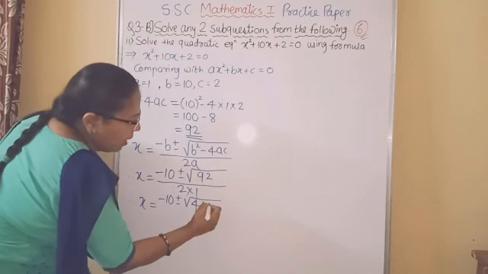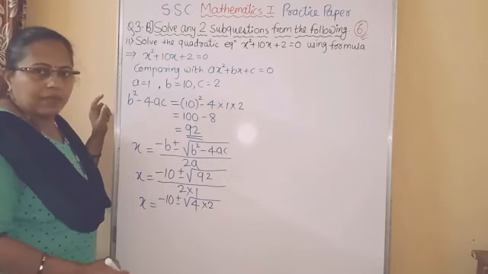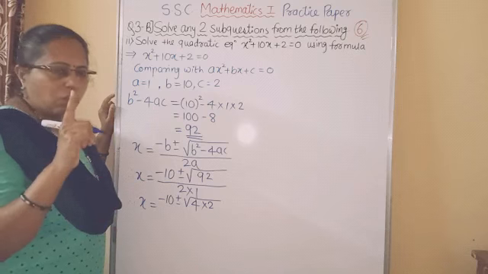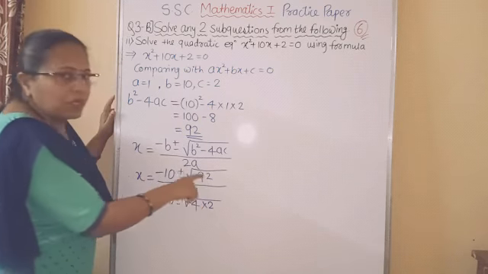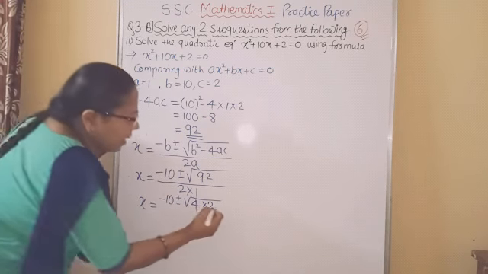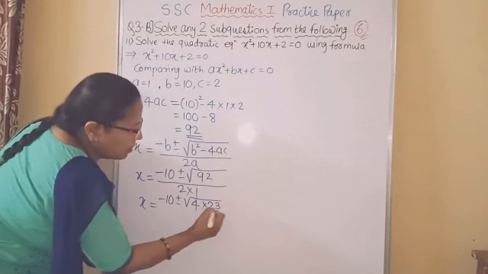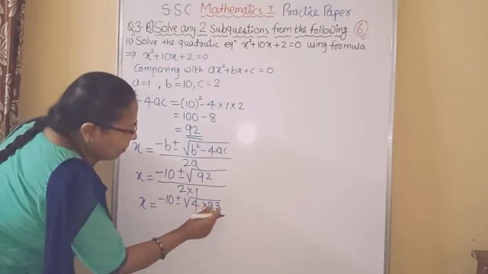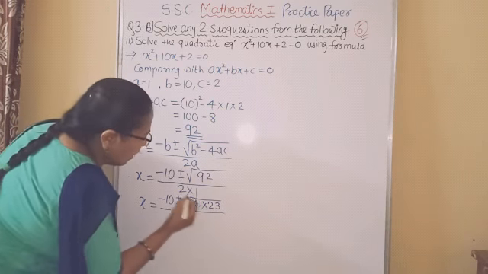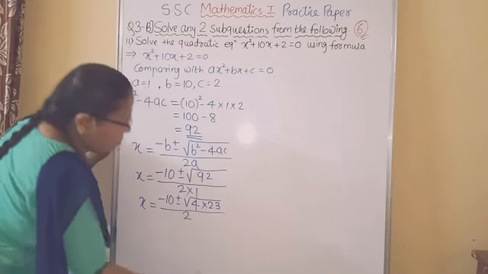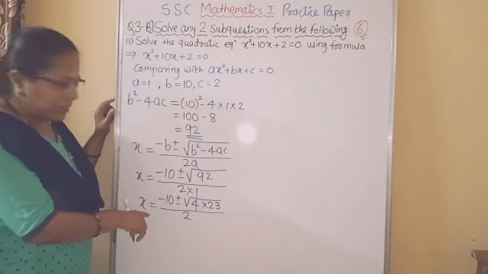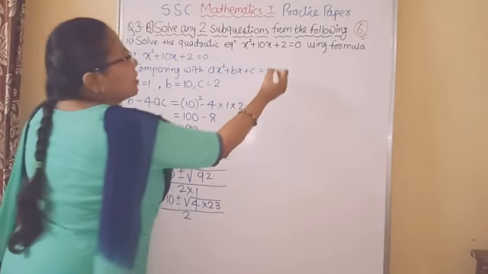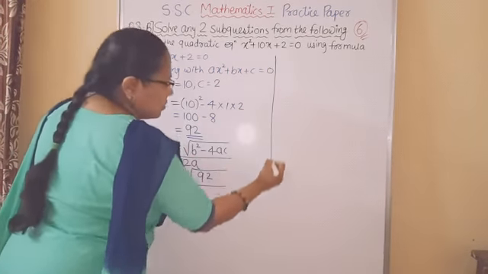So 4 2s are 8. 9 minus 8, 1, carry 2, 12. So 4 3s are 12. So we got here 4 multiplied by 23. Up to this understood? Okay. Next part.